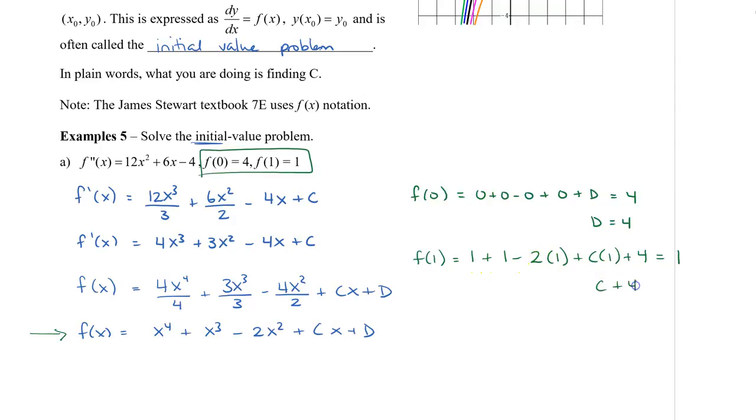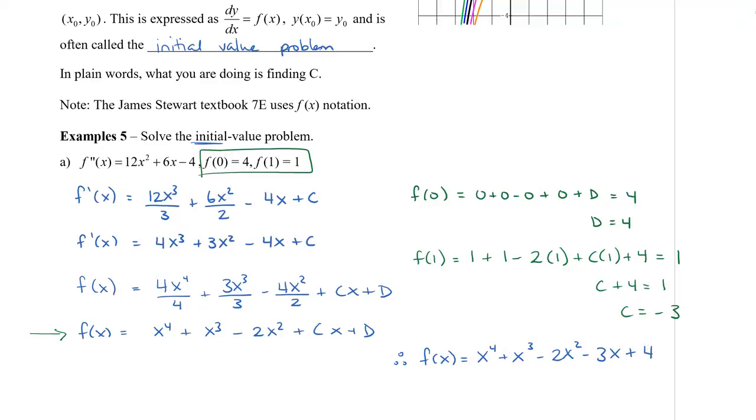So I have c plus 4 is equal to 1, and c equals negative 3. Therefore, my f of x is equal to x to the power of 4 plus x cubed minus 2x squared minus 3x, and then d is 4, so plus 4.